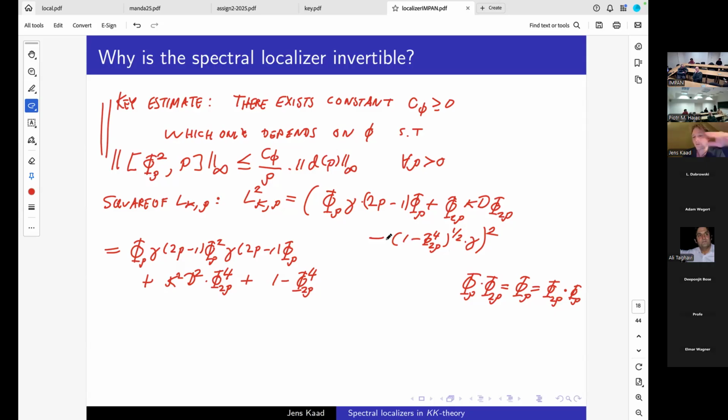So I only have cross terms coming from terms 1 and 2. Let me write down these two cross terms. I have to multiply the first term with the second term, remembering this relation down here. So I get plus phi rho gamma 2p minus 1, and then kappa D phi rho, because I can commute phi rho past the abstract Dirac operator.